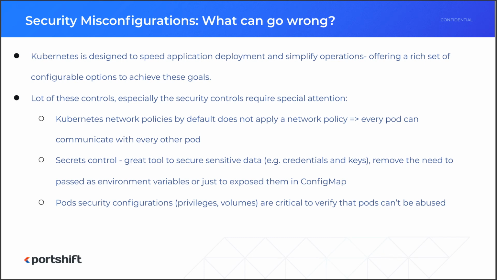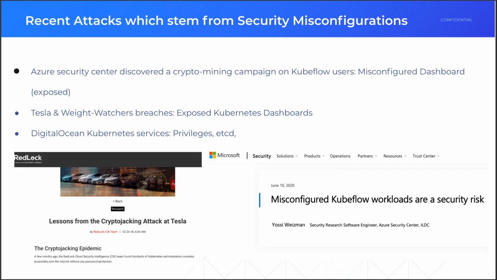Config map. A lot of those things are great tools, but without the right attention, you can get serious damages. So it's not something we talk about out of the blue. When you examine the recent attacks that were public, you can see many of them in live examples.